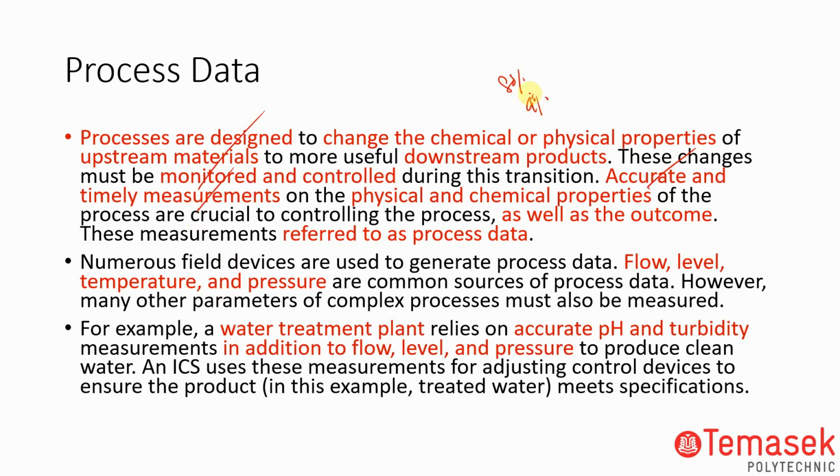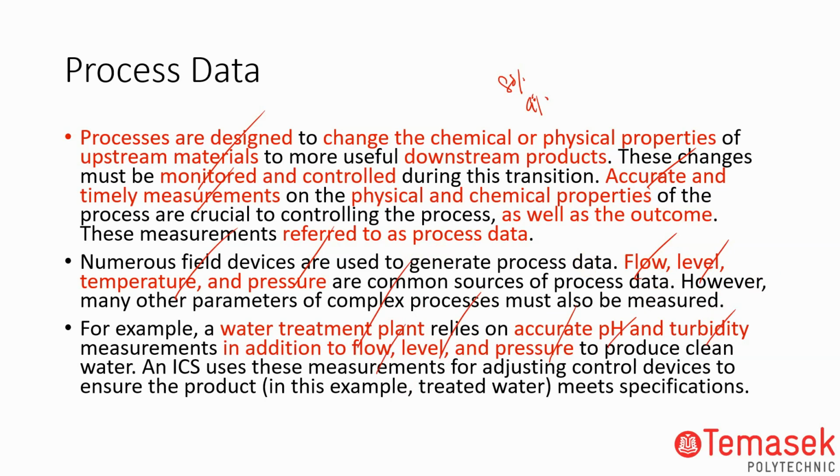Okay, so there are several devices, such as level, temperature and pressure. For example, in a water treatment plant, we need to know the pH or the turbidity. So you have an instrument that allows you to measure some of these things, or it can be a flow, a level, or pressure level, for clean water.